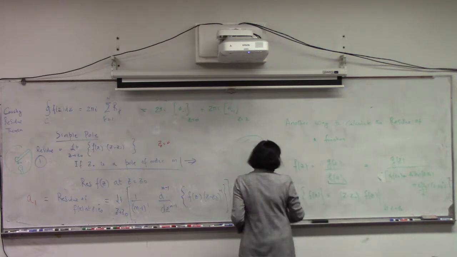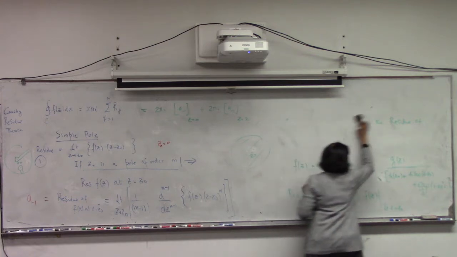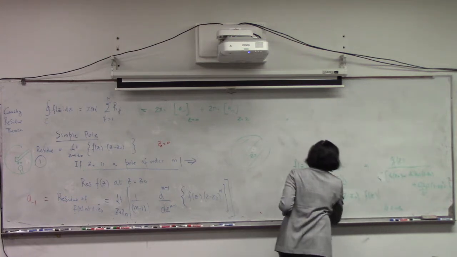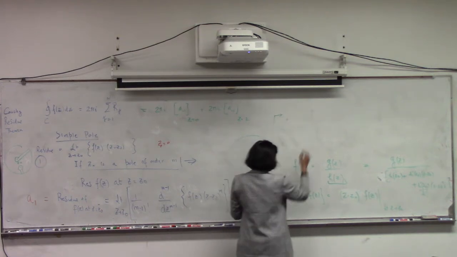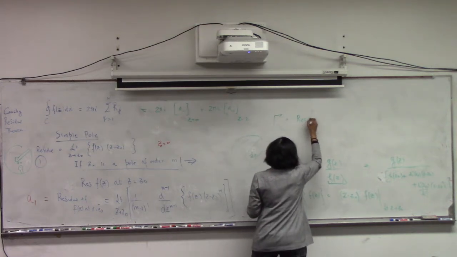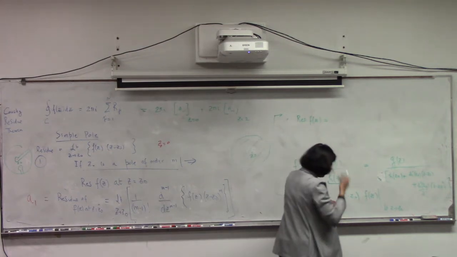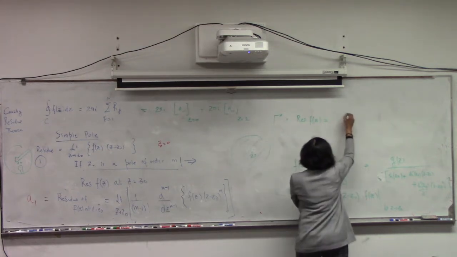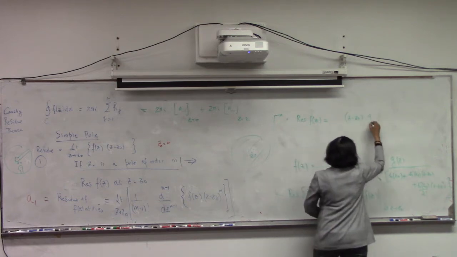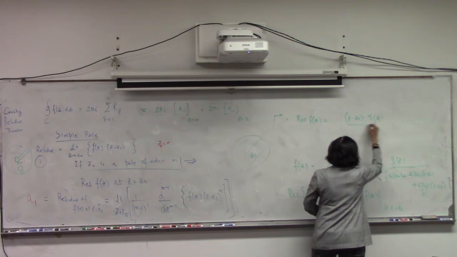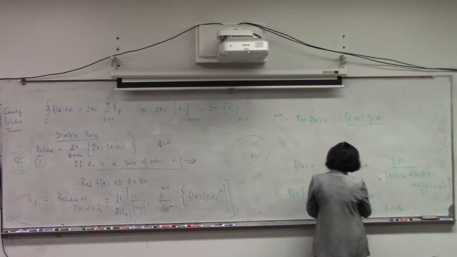So the residue of the function in this case is nothing but the limit of z minus z naught times g of z over h of z, and h of z naught is 0 because by definition it has a root.